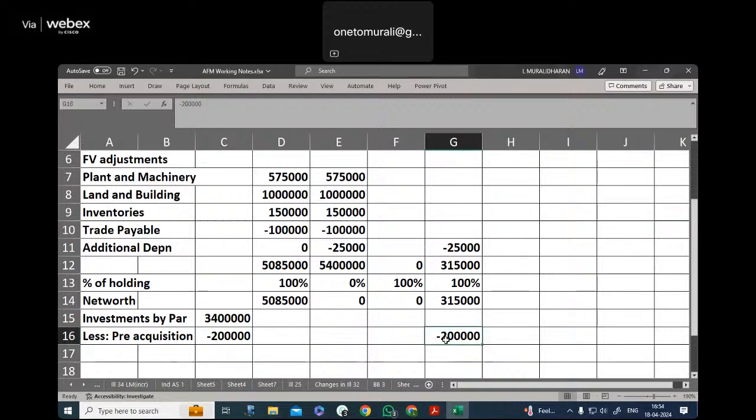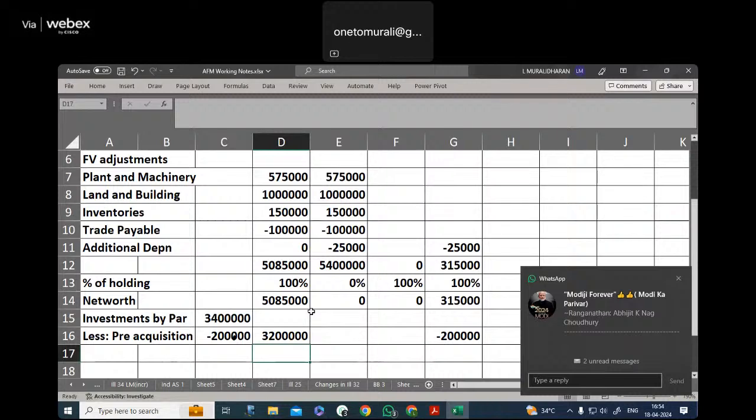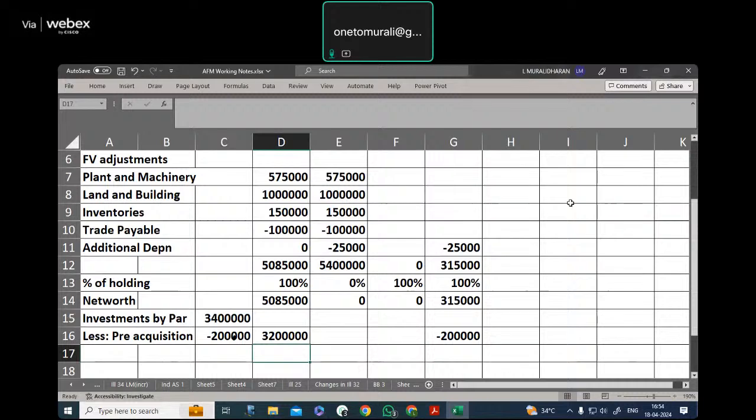Or in fact, I will put it this way. So the net figure is, so our investment is far less when compared to the net worth.